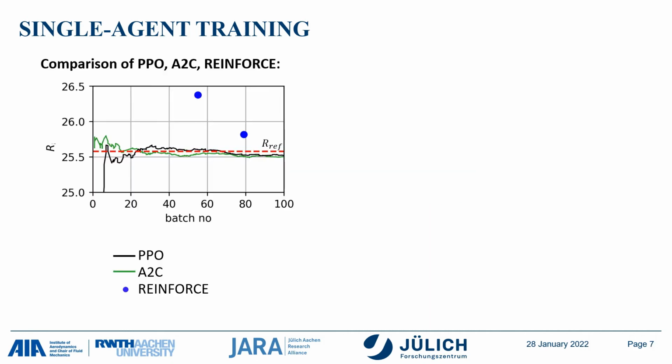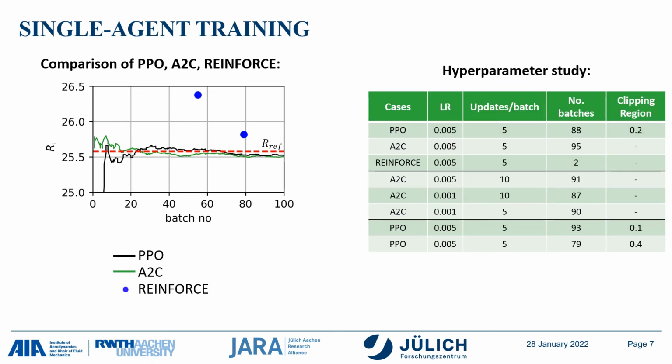Here, the results for the single-agent training with the PPO, A2C, and REINFORCE algorithms are discussed. It is clearly seen that the REINFORCE algorithm does not meet the optimal or the reference radius, whereas the A2C and PPO algorithms are very close to the reference radius. This reference radius was determined by running simulations for all possible radii in steps of 0.1. This can also be seen in the table of results, where A2C and PPO have reached the target zone in about 90% of the batches.